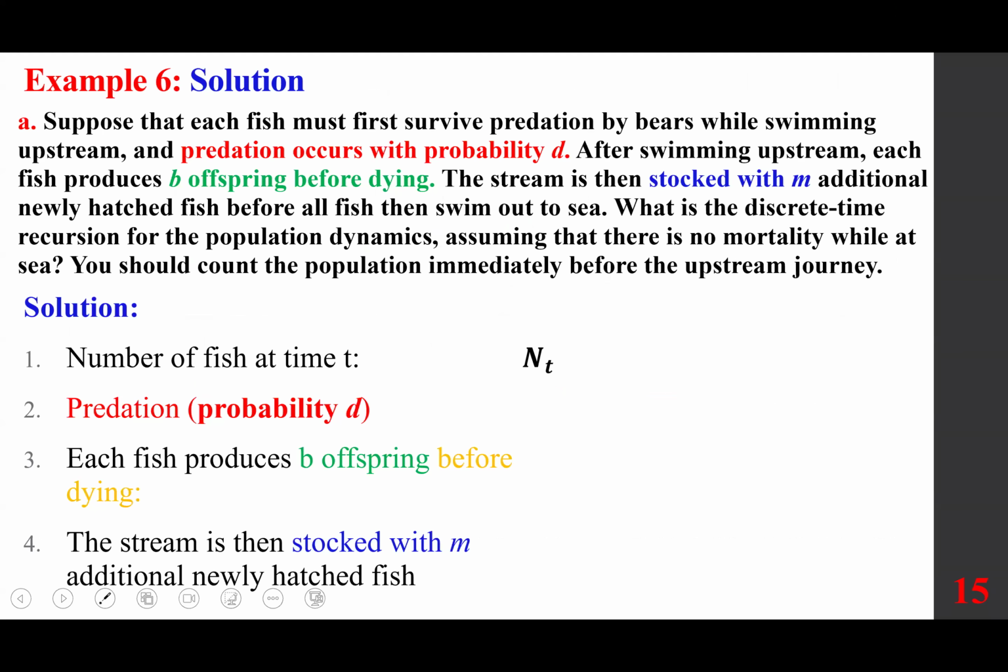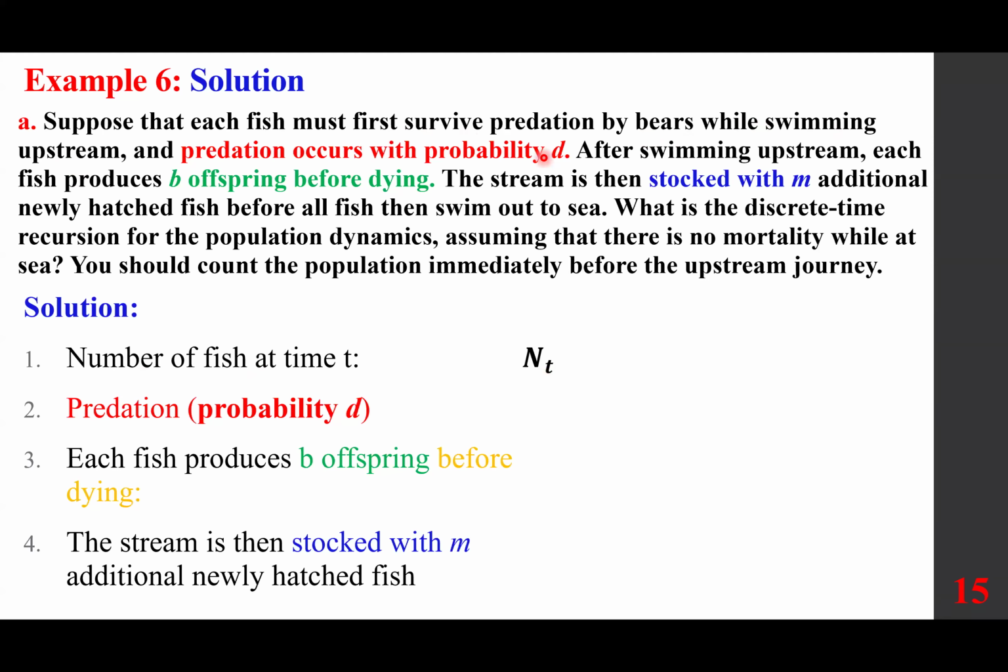What I want to do is reread part A and tell you how we start. Suppose that each fish must first survive predation by bears while swimming upstream. How many fish do we have to begin with? We're going to call it N sub T. So that's in the beginning.